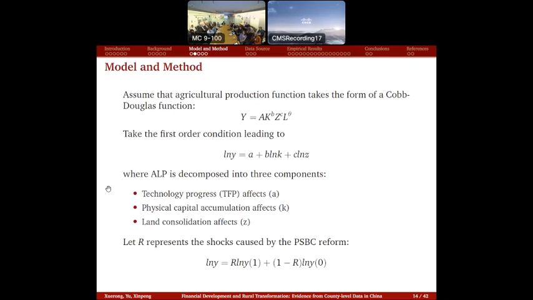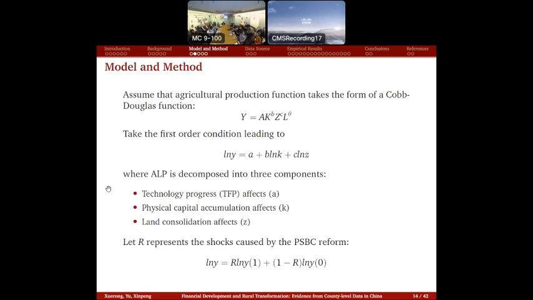And then comes our model part. As I mentioned before, we borrow the Solow model as shown here. Take a Cobb-Douglas function, which everybody is very familiar with. Y, A, P, Z, L represent agricultural production, technology progress, capital, land, and labor.